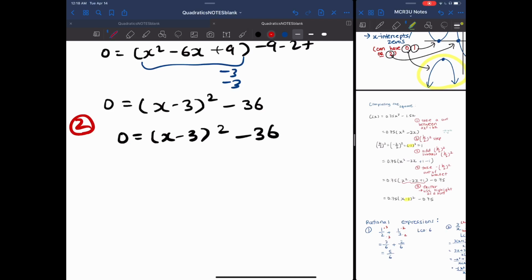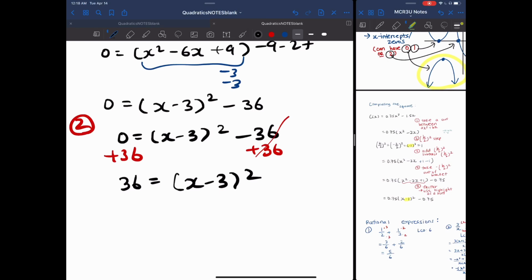I'm going to get x by itself, doing BEDMAS backwards, meaning I need to do addition and subtraction first. I need to get rid of that -36 by doing the opposite sign. To get rid of -36, I'm going to add 36 to both sides. I get 36 is equal to the following.